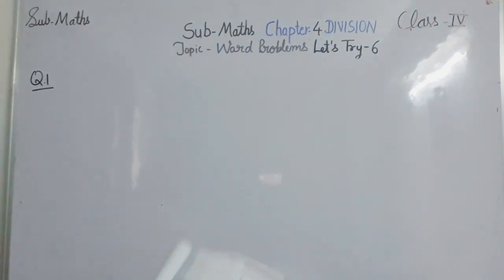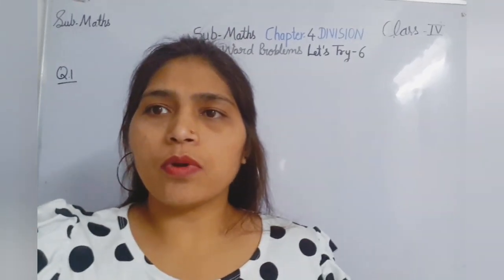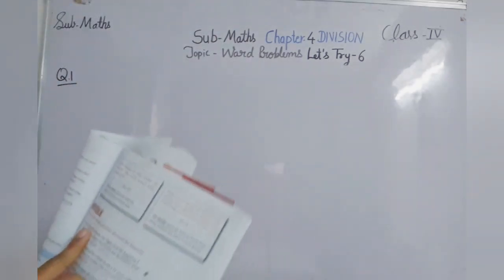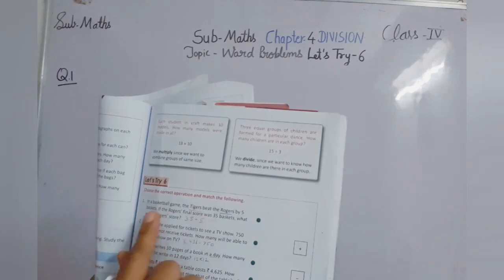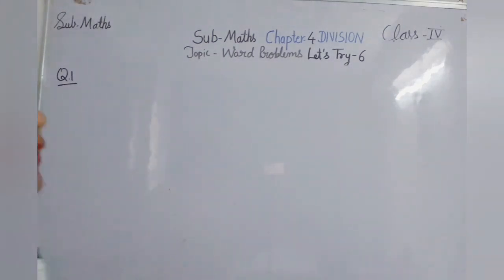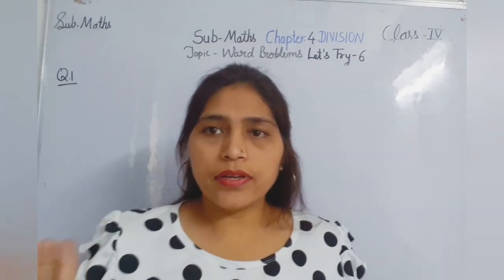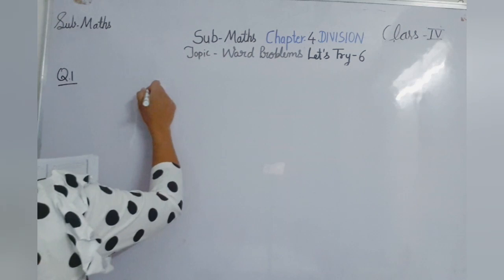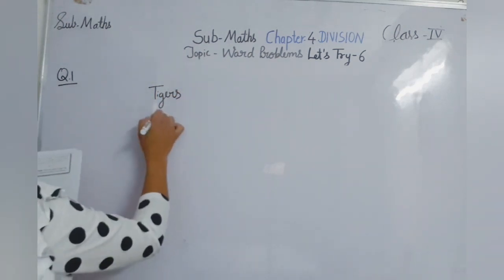What is our first problem? I am reading from my book. First problem: in a basketball game, the Tigers beat the Roggers by 5 baskets. Tigers beat the Roggers means the Tigers were the winner. Two teams were there in the basketball game: the Tigers team and the Roggers team.